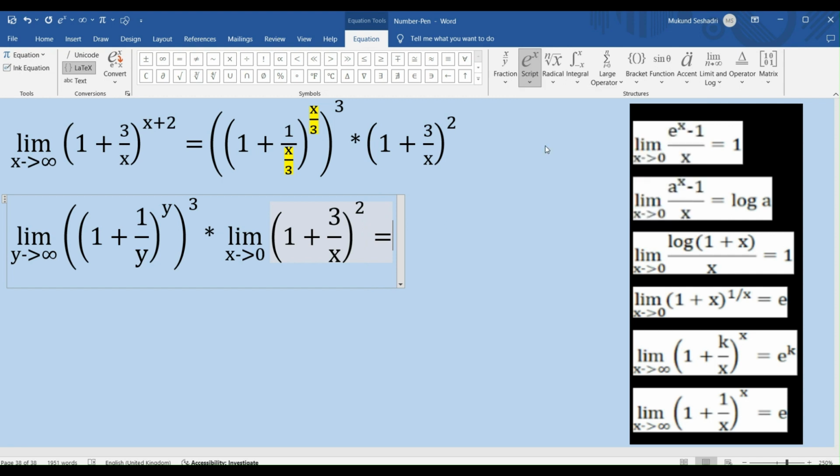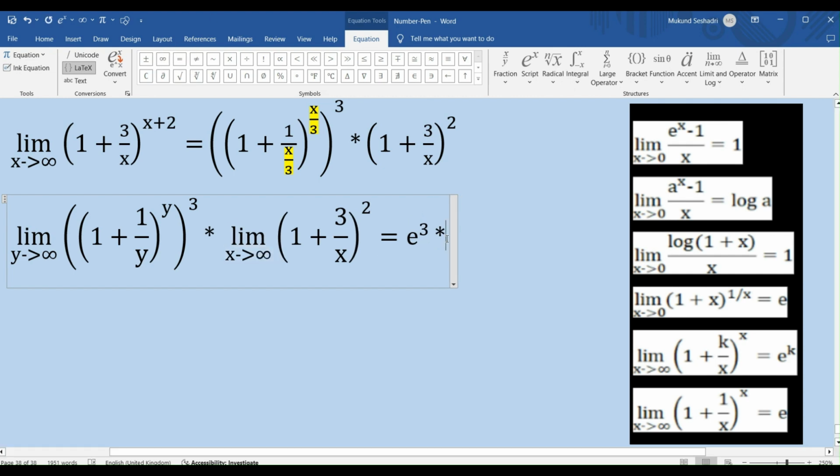It is e to the power 3, which is my e cube. And my second part of the expression, where I do an x tending to infinity. Folks, again, I've made this mistake and my apologies. Infinity. I have 1 plus 3 by infinity, which is 0, which is 1 squared, which is again 1. My answer to this problem is e cube.